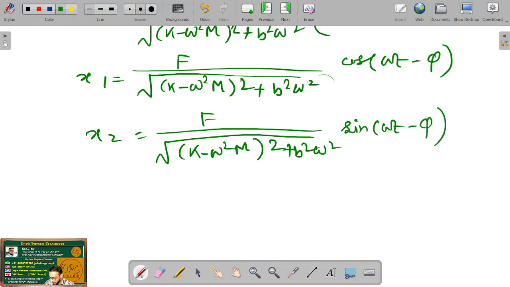So these are two solutions x1 and x2. These are the particular integral functions. One is in cosine form, another one is sine form.